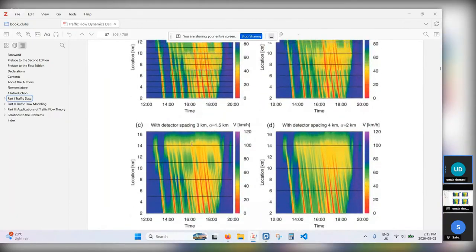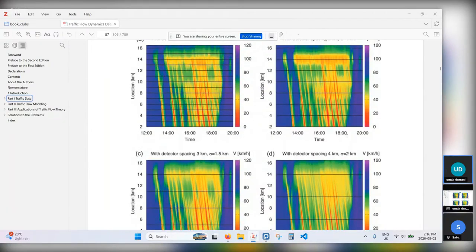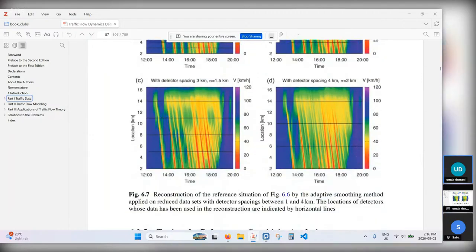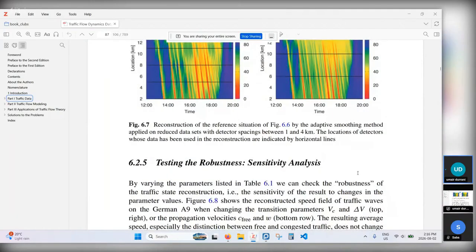With three, it's still not too bad, but with four, now we are losing the evolution of the stop and go waves from the top of the figure. And so increasing the detector spacing will then lose information because we are not using all detector information that we have at hand. But this is one way to validate the results.